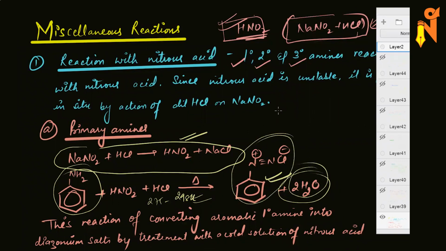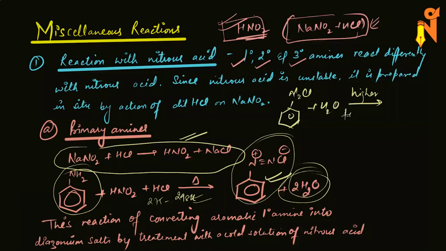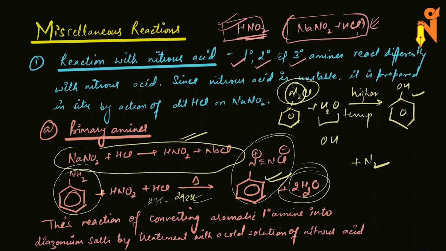At higher temperature, your diazonium N2Cl will react with the water which came out as a product, and eventually this diazonium will get converted into the alcohol group. So N2Cl gets converted into OH, N2 comes out as nitrogen gas, and from H2O, OH goes and takes the position, chlorine comes out, and this H and this chlorine go together to form HCl. So the products formed are phenol, nitrogen gas, and HCl.